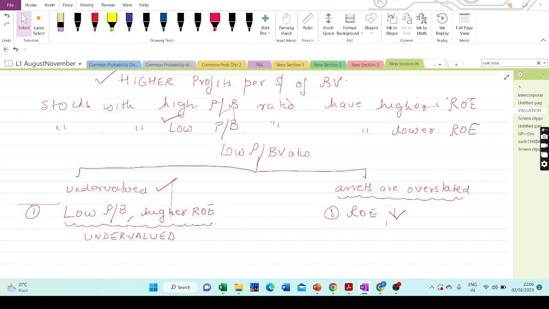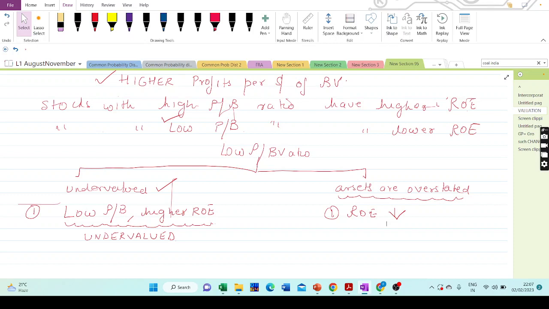So if you see a low PB ratio, you can't conclude that the stock is undervalued. You have to compare it with the ROE. If ROE is high and price to book value is low, then you can assume that the stock is undervalued. But if ROE is low and price to book is low, then that stock is not undervalued.